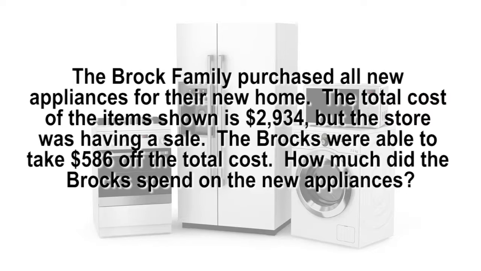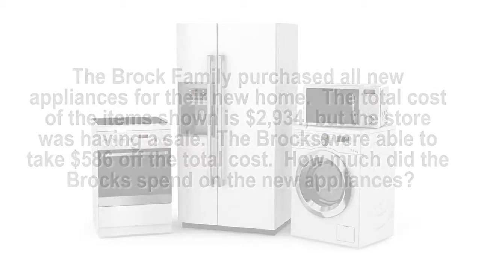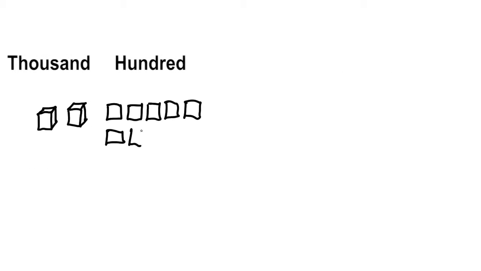It looks like this is another subtraction problem because the Brocks were taking money from the total cost. So let's make our problem using the drawings. 2 thousands, 9 hundreds, 3 tens, and 4 ones. I usually write my pictures in groups of 5 so it looks like the 10 frame that students know.